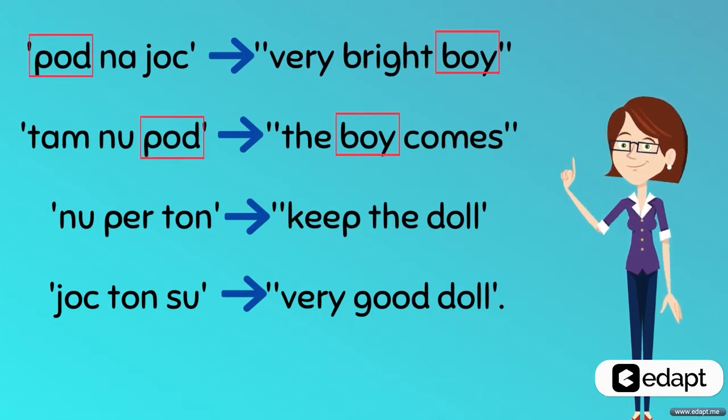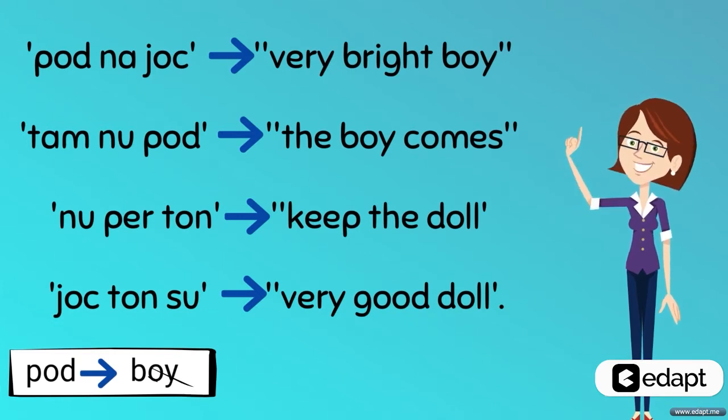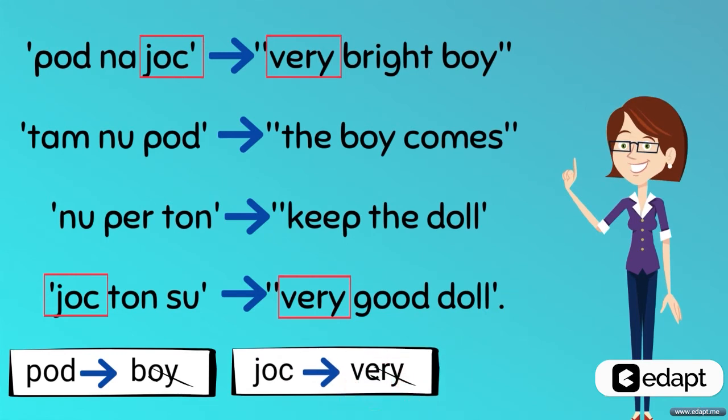Therefore, pod codes for the word boy. Now, let's compare phrases 1 and 4. We can see that the common word is very and the common code is jock. Therefore, jock codes for the word very.